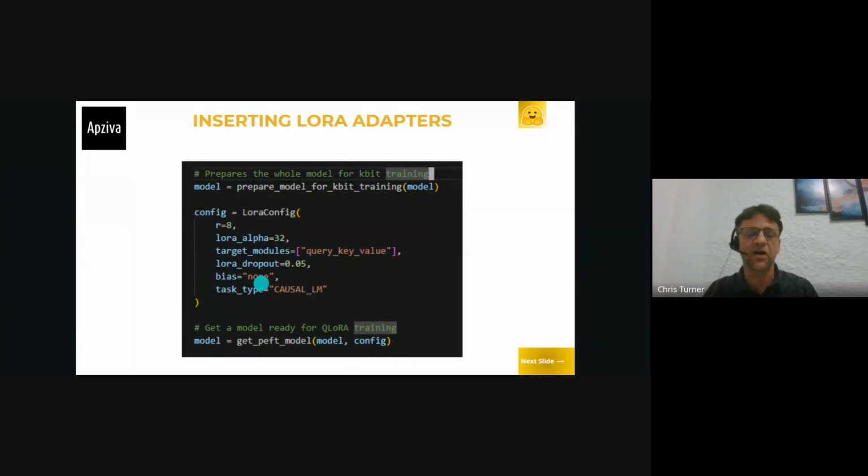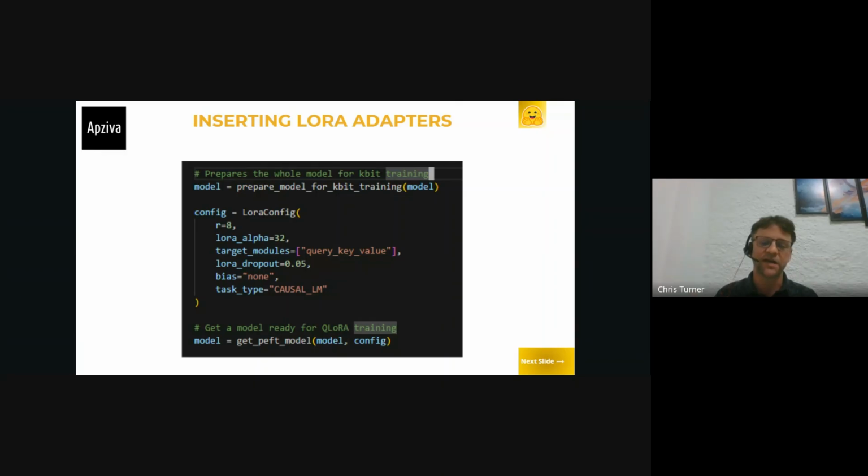And so now we have our config and we have our model that's prepared for k-bit training. And we can use the get_peft_model function, pass it in our model and our config, and we're going to get back a model that has the LoRA adapters. So now we have downloaded this model from Hugging Face.